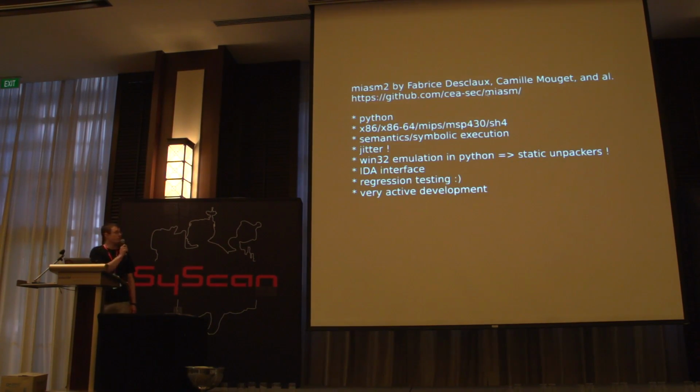So it's fucking awesome. For example, they have several samples where they do Win32 emulation in Python. So you can have static unpackers. You have a PE loader, symbolic execution, and also some API simulation in Python. So you can make really simple static unpackers.